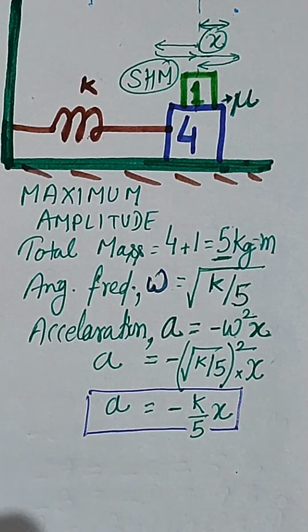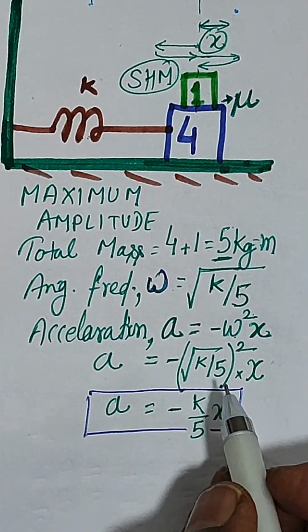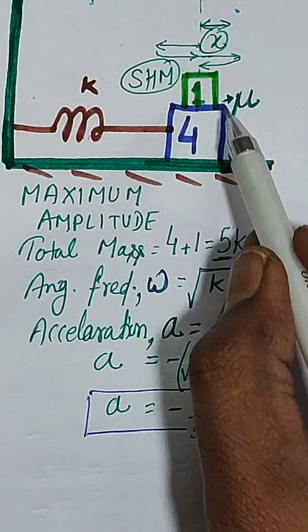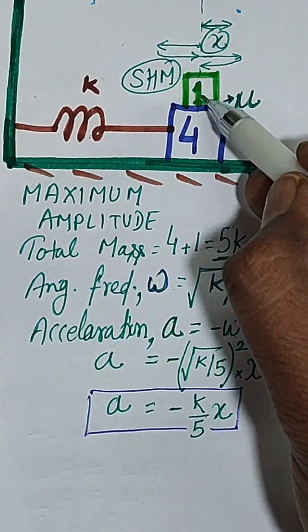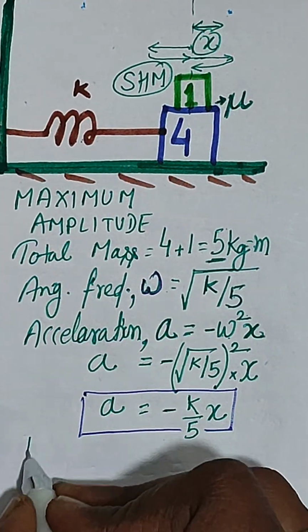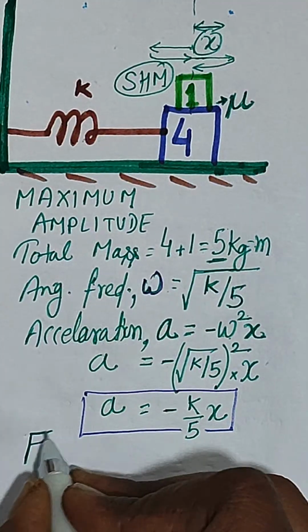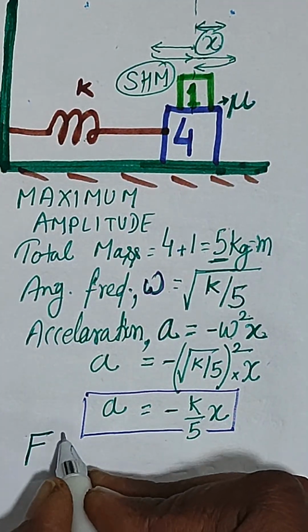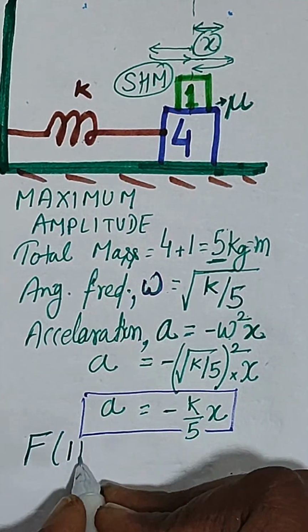Now the resultant force on the upper block of 1 kg will be F equal to ma.